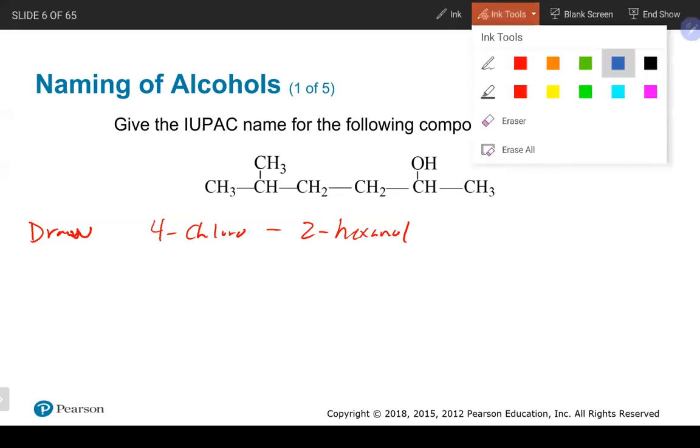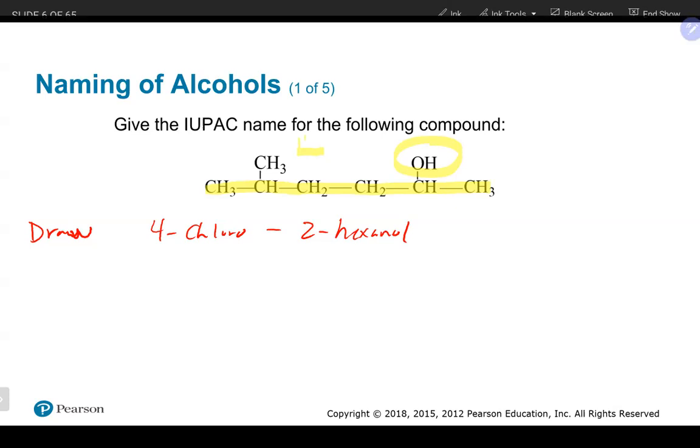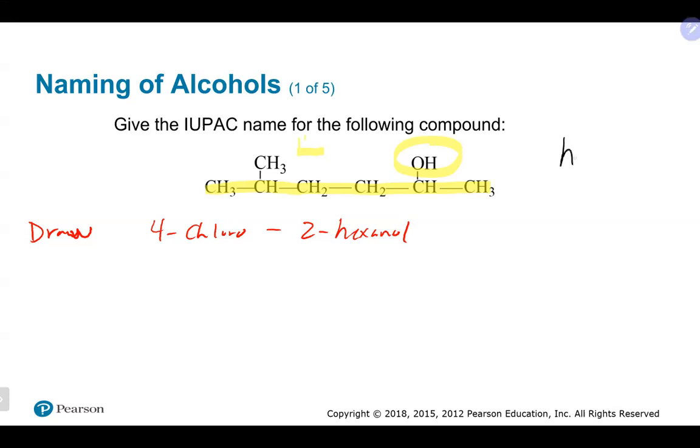So we'll do the longest carbon chain here. We could go 1, 2, 3, 4, 5, 6. Again, that does contain the OH group. You could also get 6 if you start here and go that way. Doesn't really matter which way you choose. So it does look like 6. That is going to be hexane, but since it is an alcohol, it will be hexanol. We do want to give the OH the smaller number, so we would want to start numbering right to left in this case, because that gives the OH the priority and the small number.